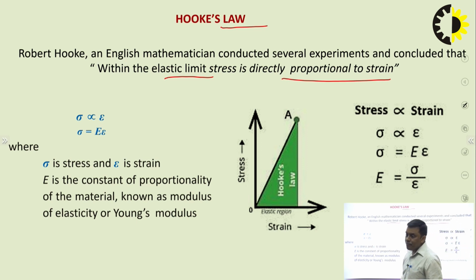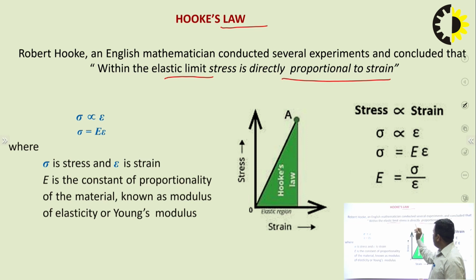What does it mean? Whenever a body is subjected to any deforming force, it offers resistance against the deformation, that is the stress, and that stress increases continuously as the deformation increases.